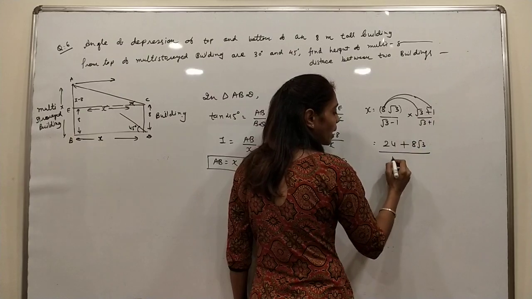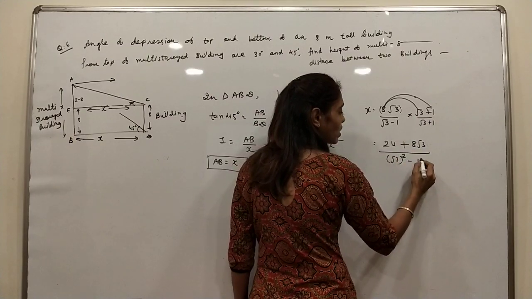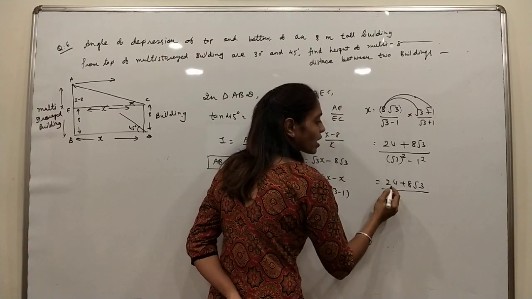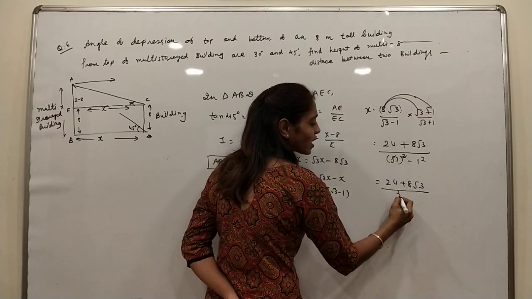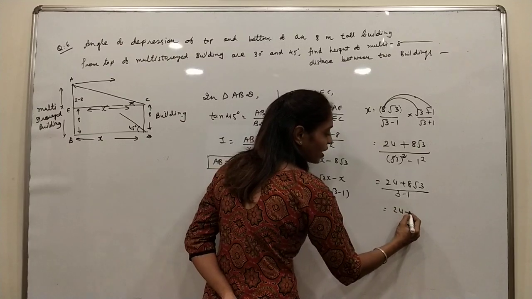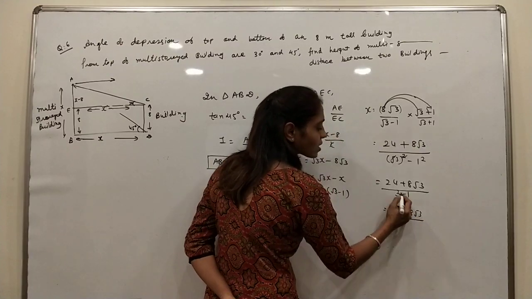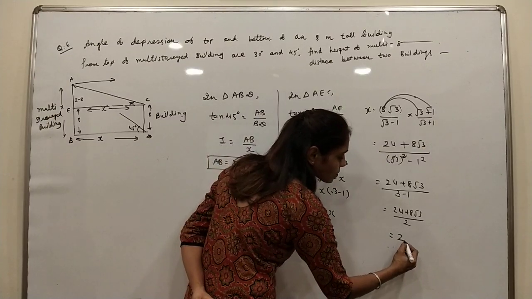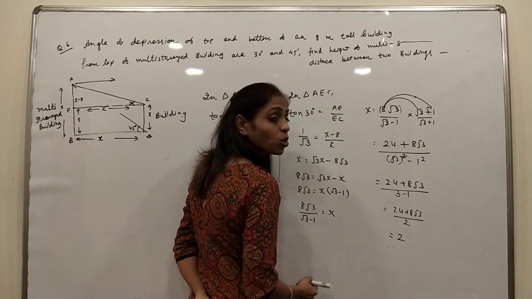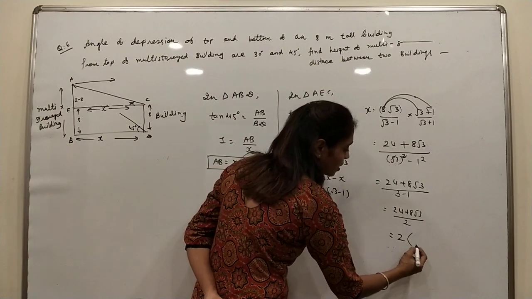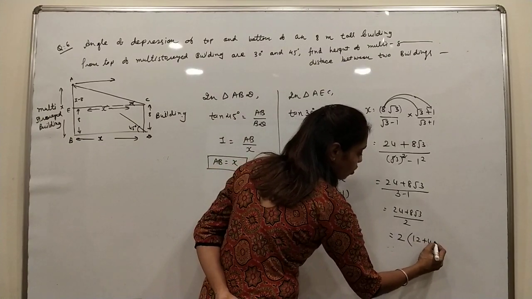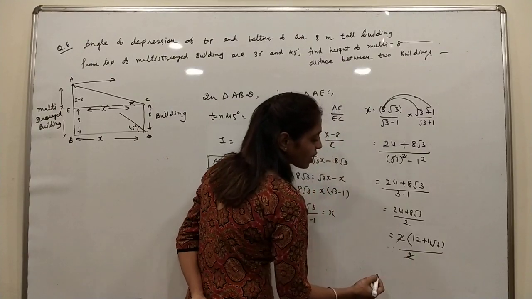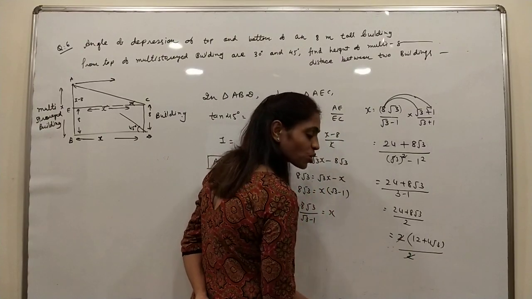Now one plus and one minus, root 3 square minus 1 square. So 24 plus 8 root 3 upon 3 minus 1, which is 2. Take 2 common from the numerator because I want to cancel 2. So 12 plus 4 root 3.